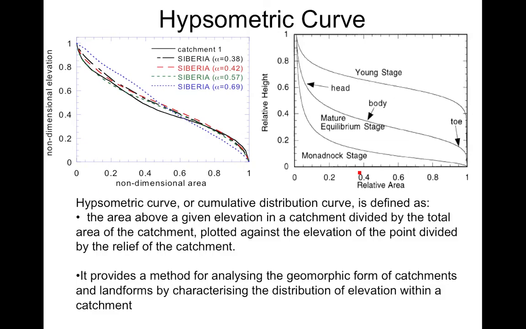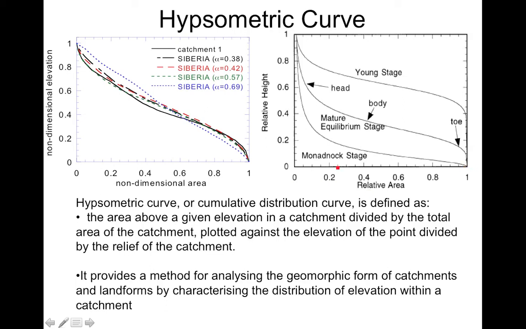So what we find for young catchments, we have a hypsometric curve that looks like this, right? And then as the catchment matures and reaches some sort of quasi-equilibrium, we end up in what's called this monadnock stage, right? Where essentially the height is concave as a function of the relative area.